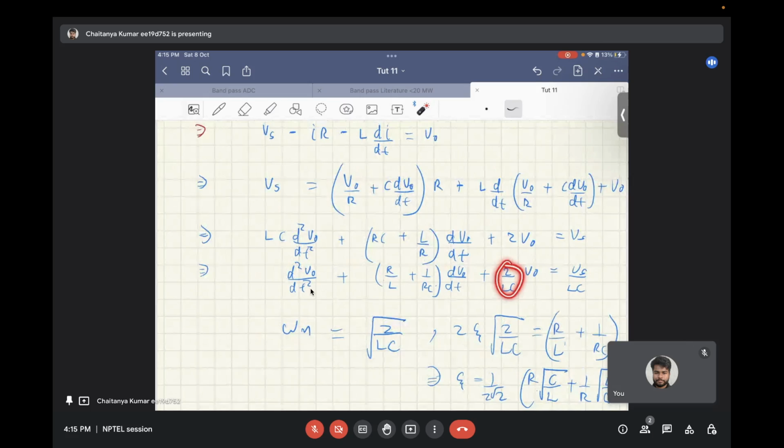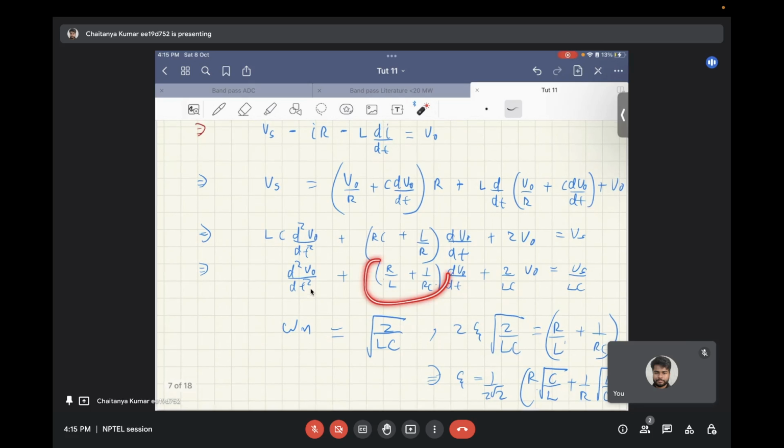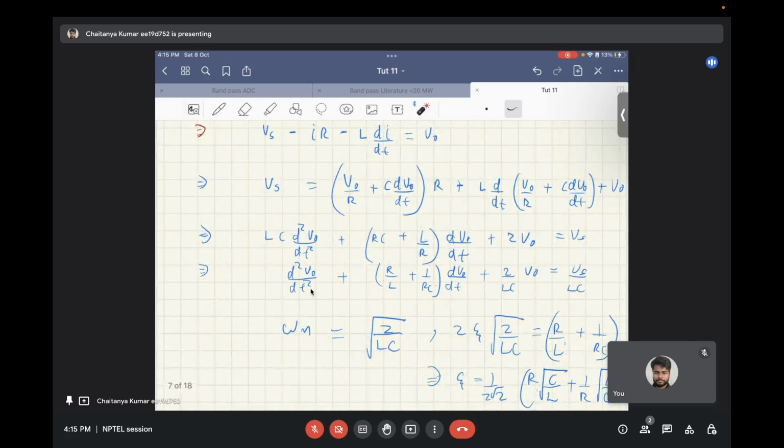So from this case, we get the value of omega n as root under 2 by LC. And now if we compare this term with the standard coefficient of the first order derivative, that is 2 zeta omega n, and place the value of omega n from here, 2 zeta times omega n is equal to R by L plus 1 by RC.